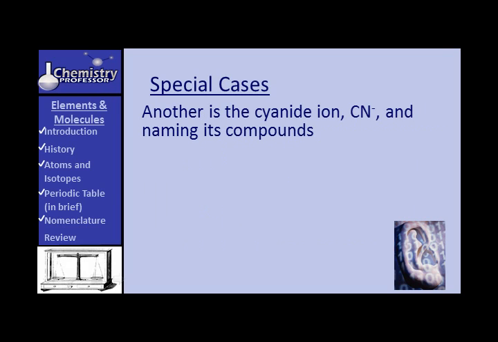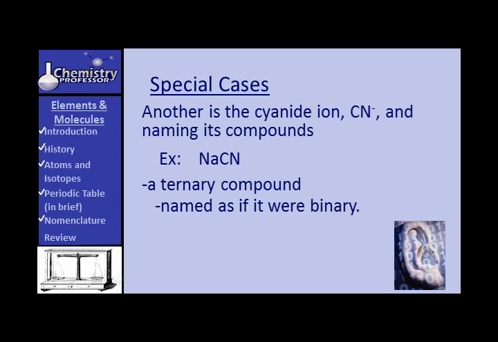There's another common case, and that's the cyanide ion. Well, it doesn't really give us a lot of trouble, except naming its compounds doesn't quite go along with our rules. For example, NaCN. Now that's a ternary compound. It's sodium, carbon, and nitrogen.